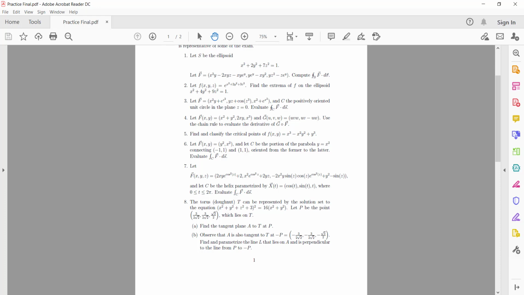Okay, so you have the function f, and you're finding the extrema on the ellipsoid.